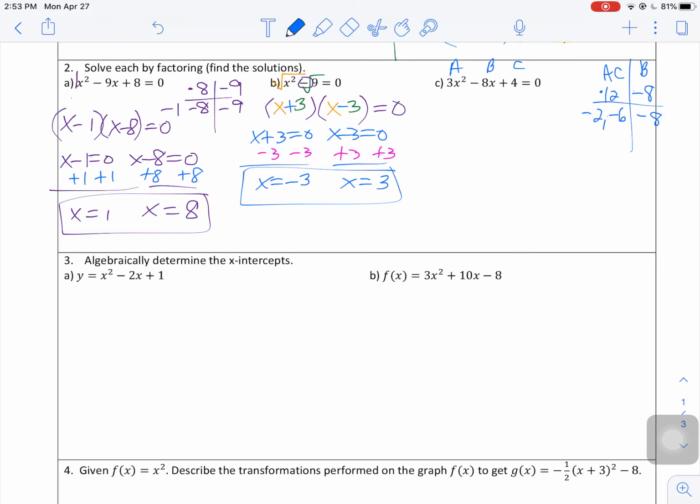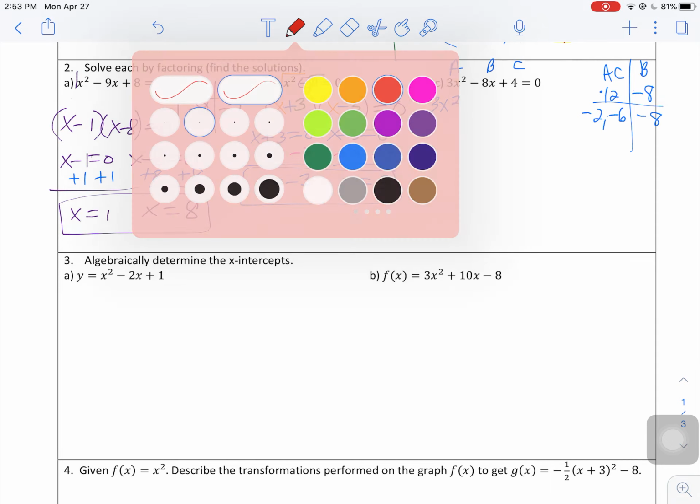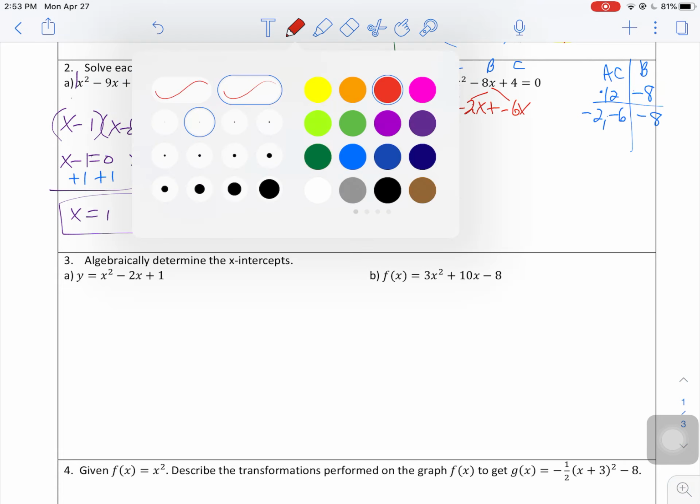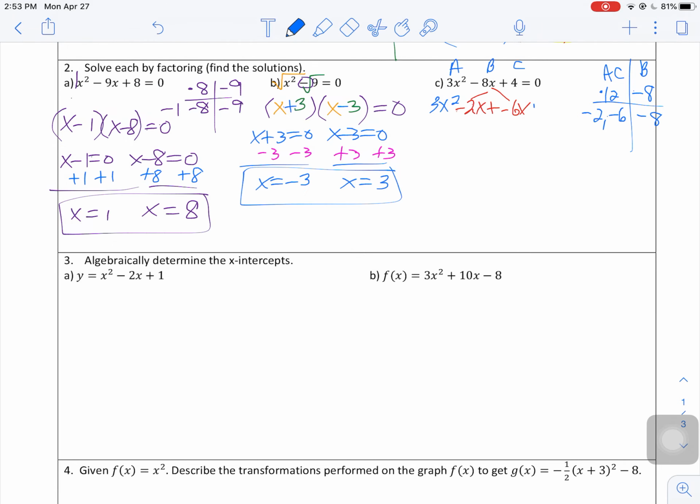So we're going to drag down the 3x squared in the front. We're going to split the -8x into -2x plus -6x. And then we'll drag down the +4, and we'll drag down the equals 0.